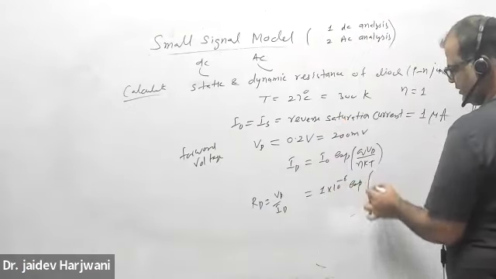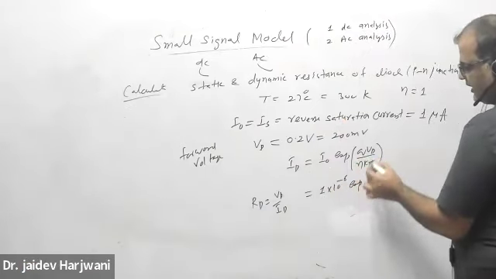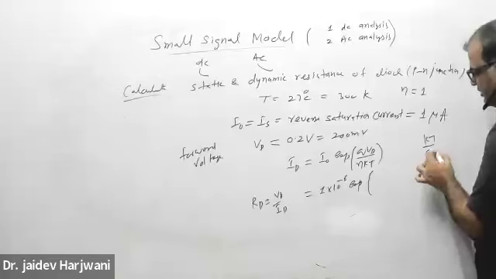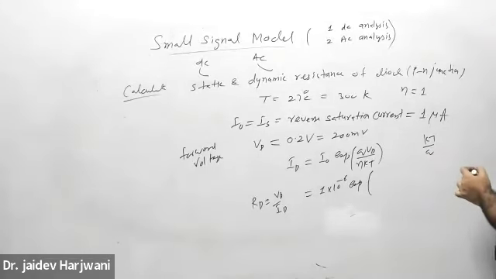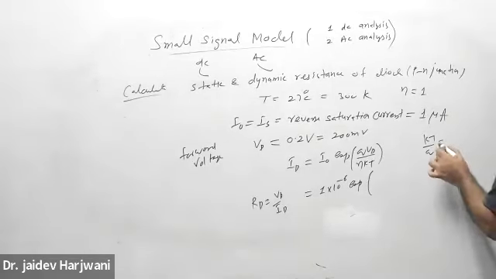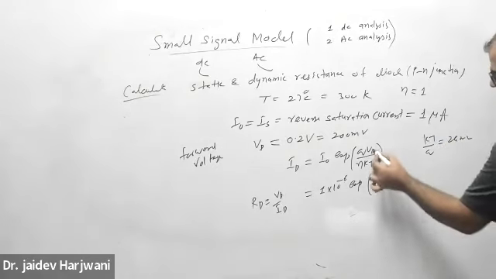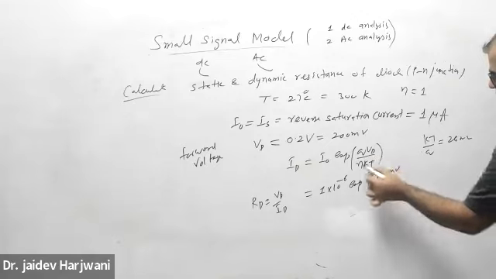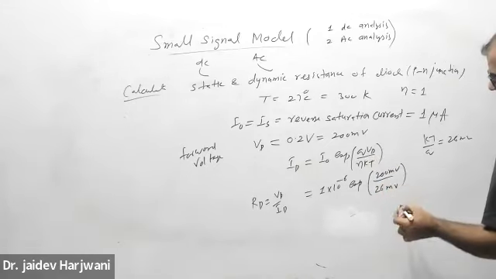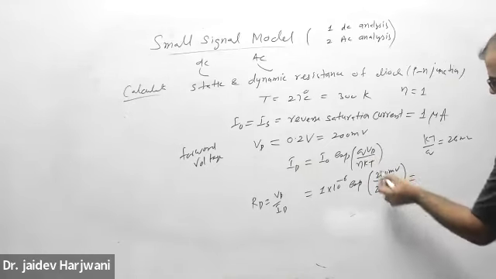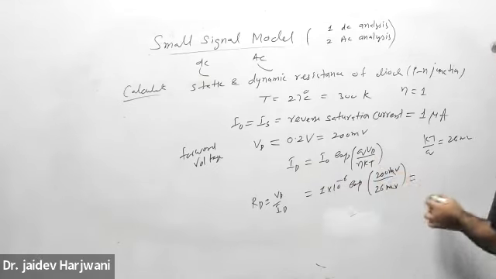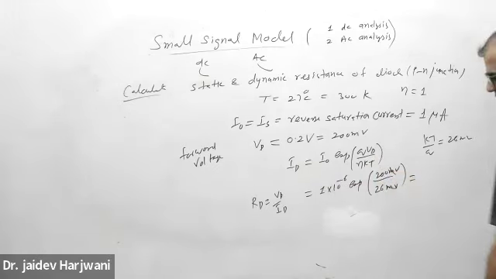exponential VD by KT by Q. KT by Q is how much? Tell me. 26 millivolt. VD is 200 millivolt. Eta is 1. Tell me what is the approximate value of ID.